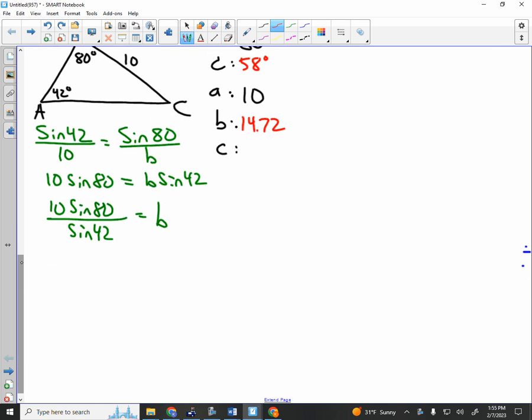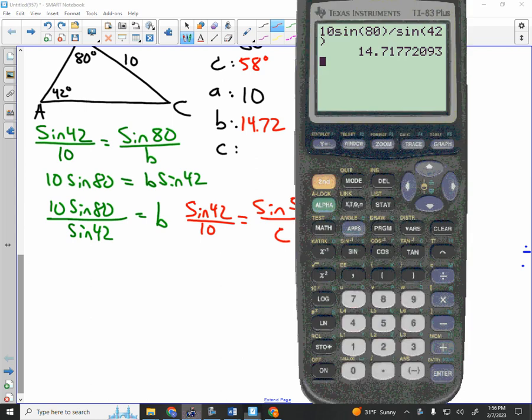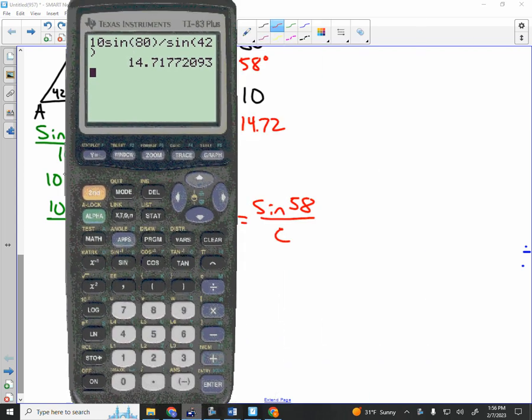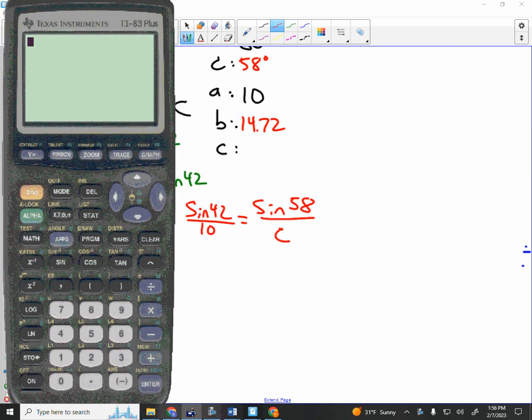We set up sine of 42 over 10 is equal to the sine of what over what? 58 over c. Yeah, and I'm going to show you what I want you guys to get good at when you're working through your assignment today.